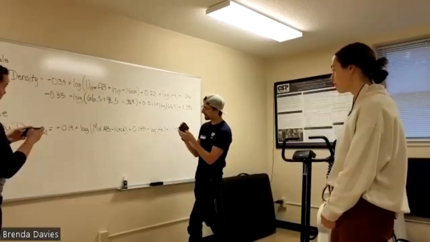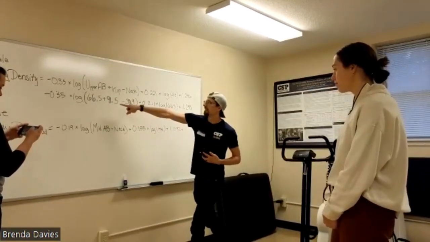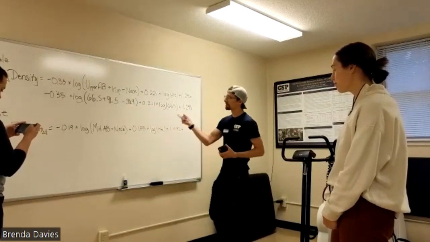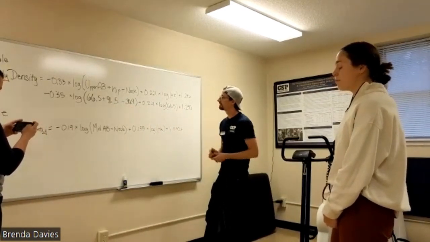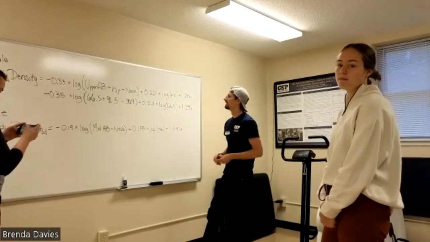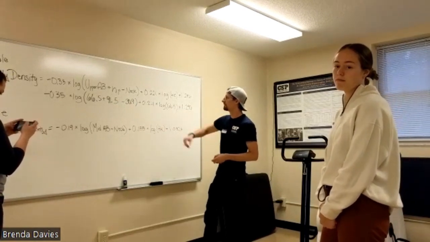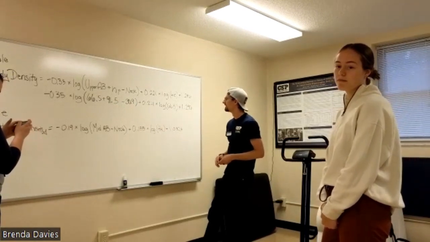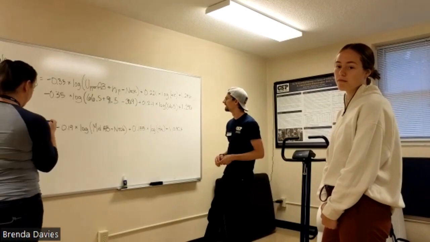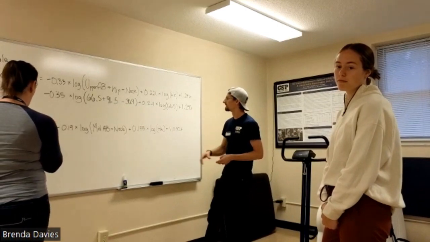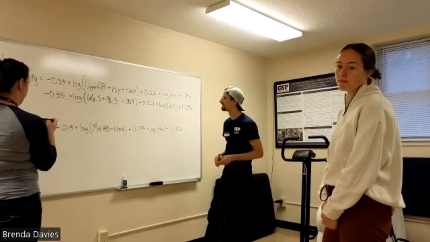You just use the log 10 button after you've done this equation first. You multiply that by -0.35. Add 0.221. And then multiply that by. Sorry, multiply this here first.